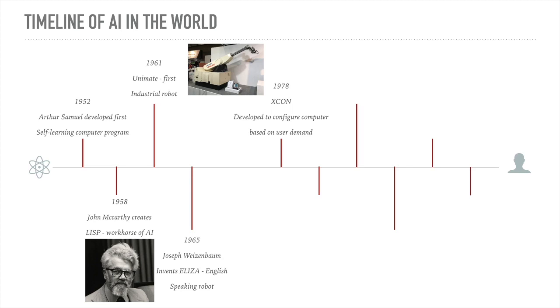Another 8 years down the line, once again a huge major achievement: a driverless car was created by Ernst Dickmanns and his team. So Tesla is not the first driverless car, it was actually first created in 1986. Now, as you can imagine, that car had a huge load of limitations associated with it.